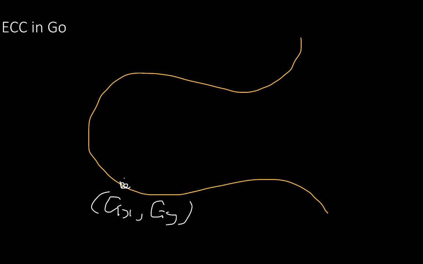Another thing that we do often is that we add 2 points together. So we might have a point here and another point there, and when we add them together we'll get another point on the elliptic curve. So the great thing with elliptic curve is that we take one point and add it to another, we'll find that our elliptic curve point is on the elliptic curve.